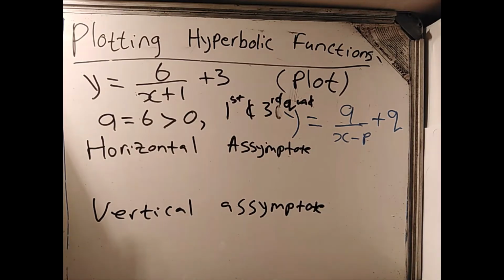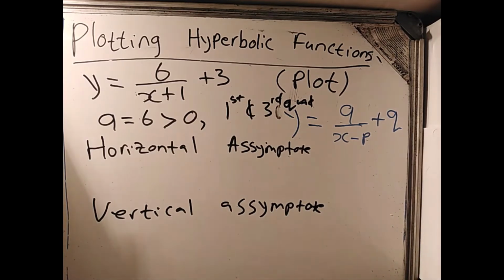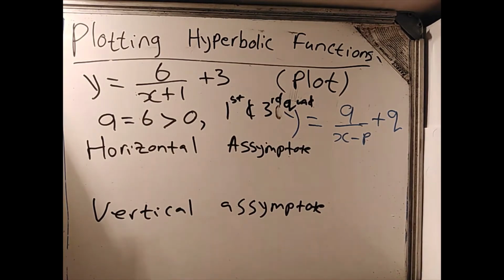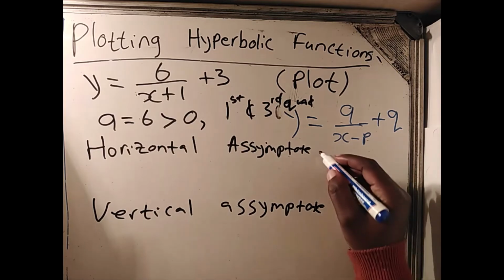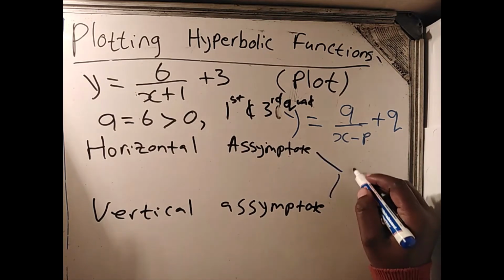Now what is an asymptote? Let's start there before we deal with horizontal and vertical. An asymptote is a line. That's a very important thing. It's a line, but what kind of line? It's very important. Both of these things are lines.